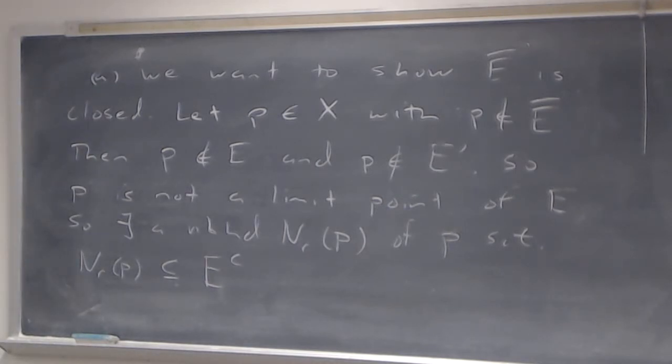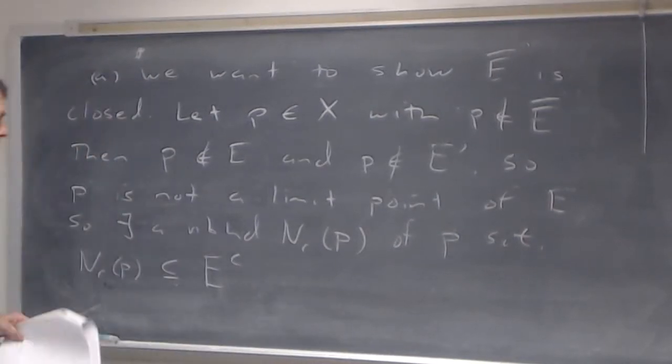So for it not to be a limit point means that it doesn't have any intersection with E besides possibly P, but P is not in E either, so this whole neighborhood has to be in E complement. Okay. All right.